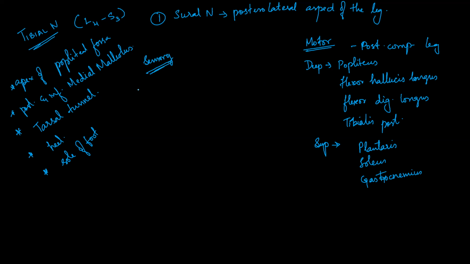Next one is the sensory. Sensory branches of the tibial nerve are the medial calcaneal branch, which supplies the skin over the heel.